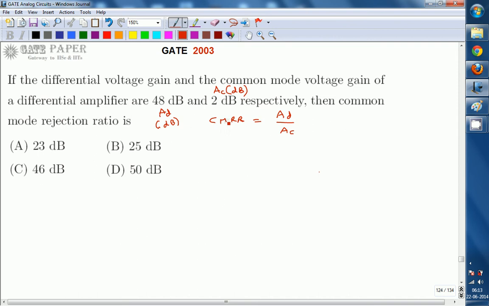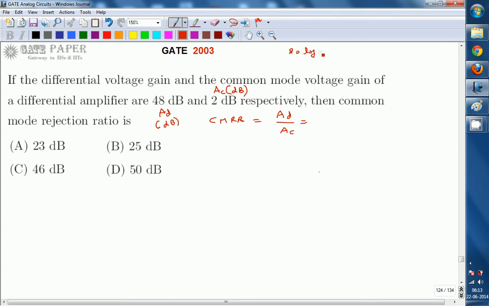So you must represent this CMRR in decibels, and then you can use these two values. CMRR is the ratio of differential voltage gain to common mode voltage gain, that is, a ratio of voltage gains. Voltage gain can be represented in decibels as 20 log.